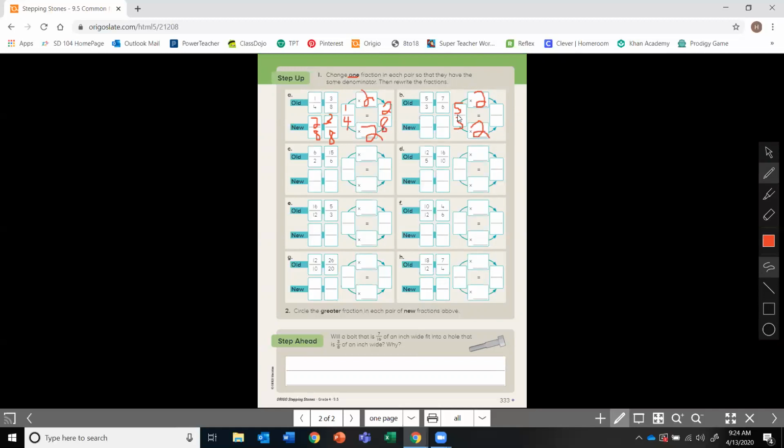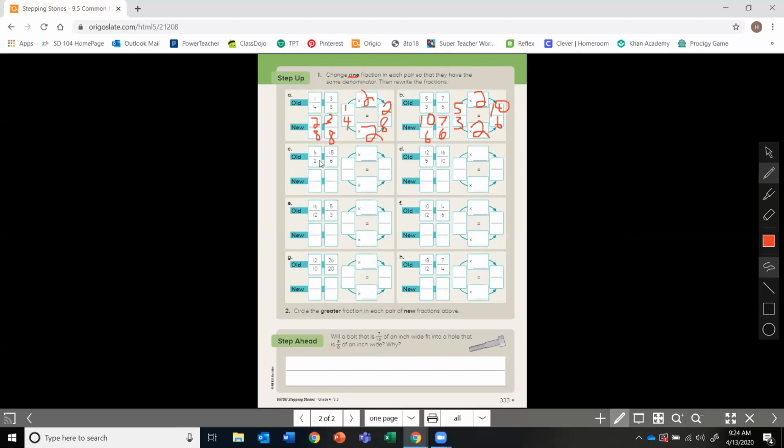And I'm going to say 5 times 2 is 10. And 3 times 2 is 6. So our new number is 10/6. And the 7/6 is going to stay the same. As you notice in both of our problems, we have the same denominator for both of our new fractions.